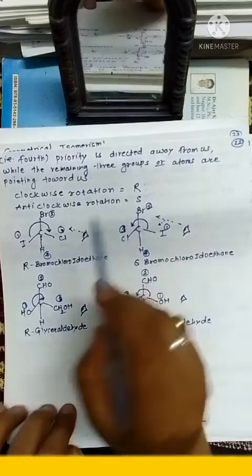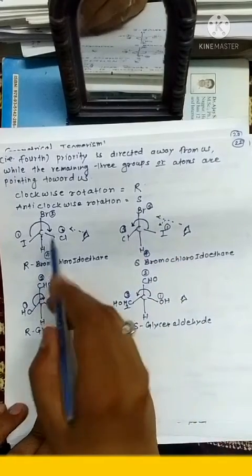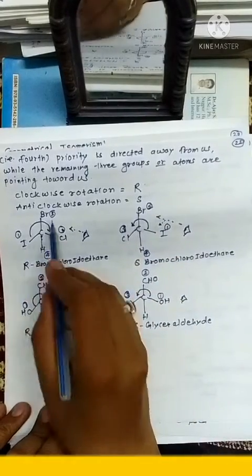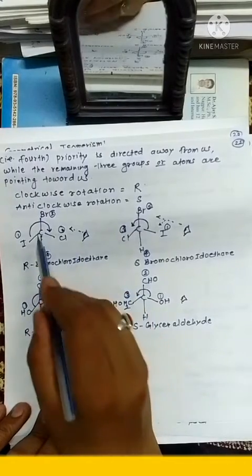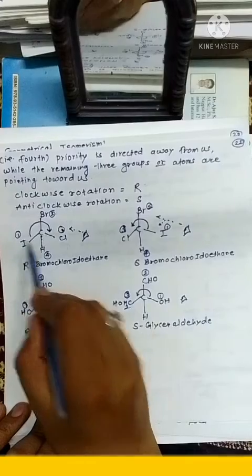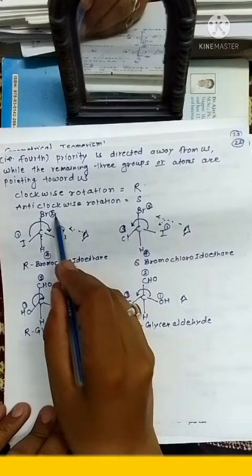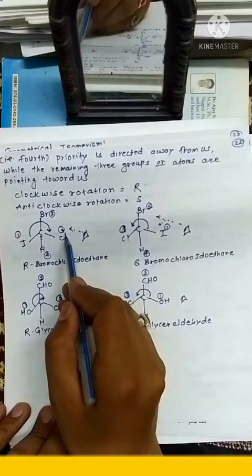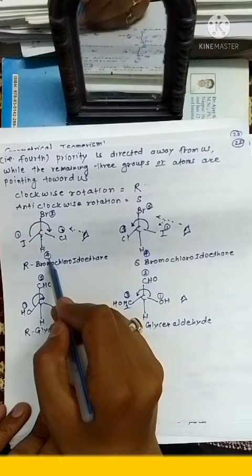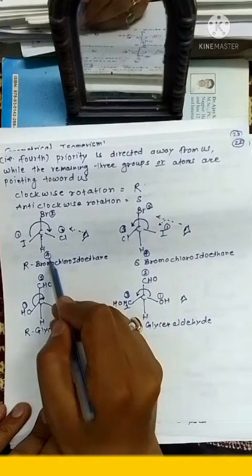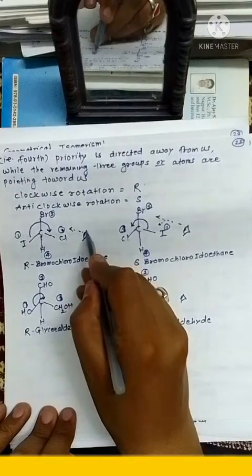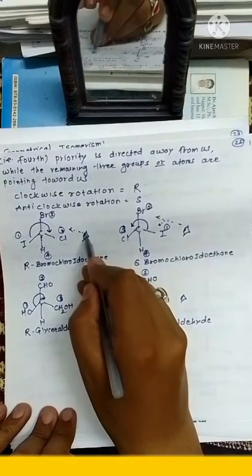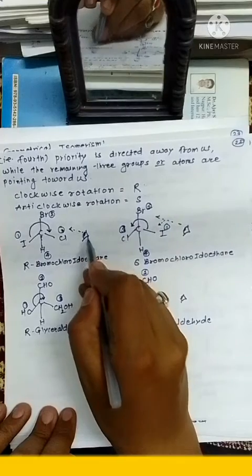Just see, in this case, this carbon is attached to iodine, bromine, chlorine and hydrogen. According to the first rule, iodine gets first priority, then bromine gets second priority, then chlorine gets third priority, and hydrogen gets least priority. Now suppose an observer sees this molecule from here.